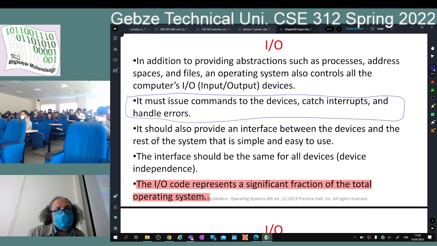Literally, you need to write millions of lines of code for the I/O. Windows 8 or Windows 10 has 80 million lines of code. Nowadays, we are hitting like 100 million lines of code for an operating system. Most of that code comes from the I/O part. Okay, the I/O idea is simple, but it is complicated because there are so many details of it.